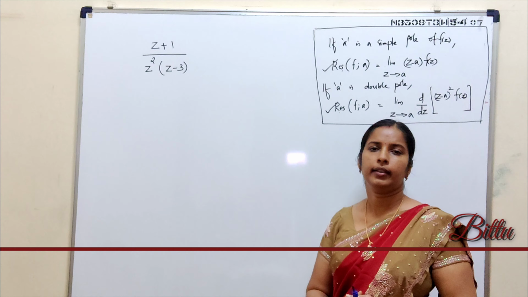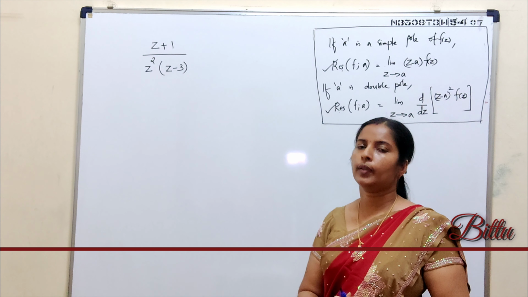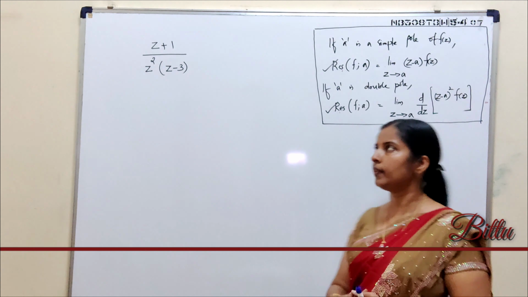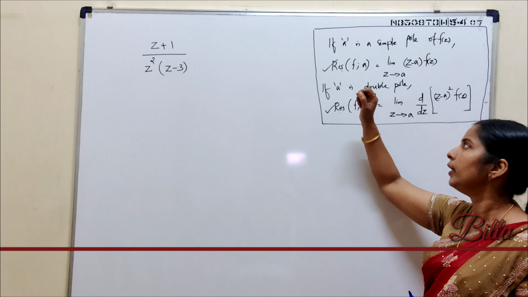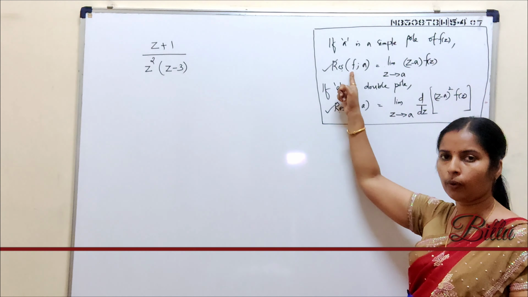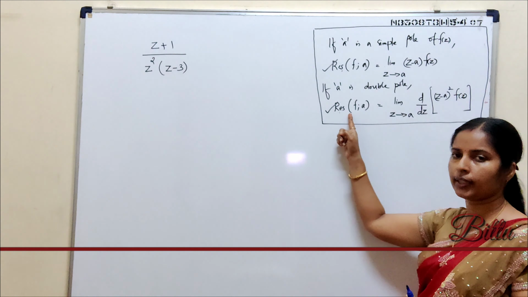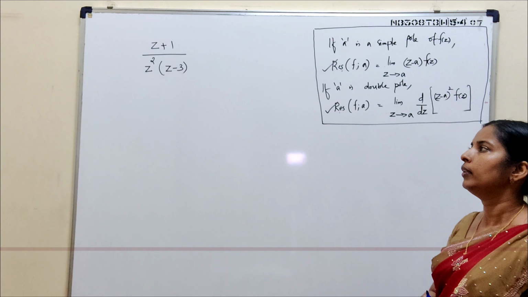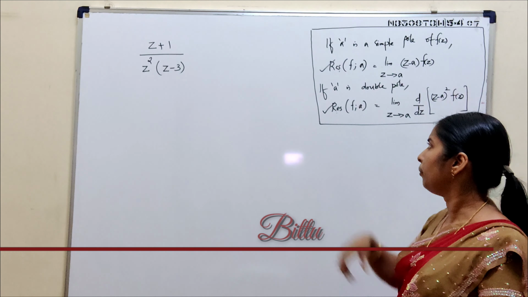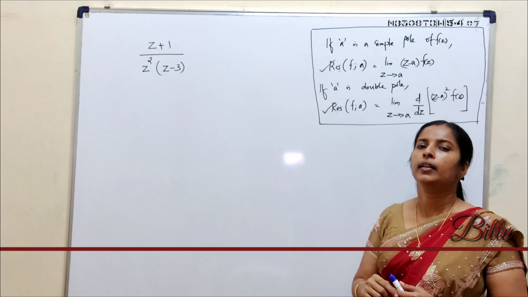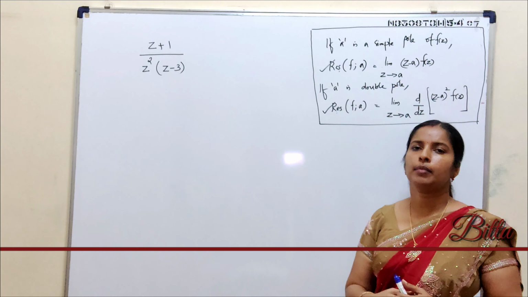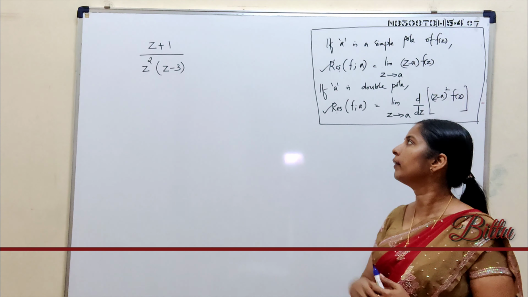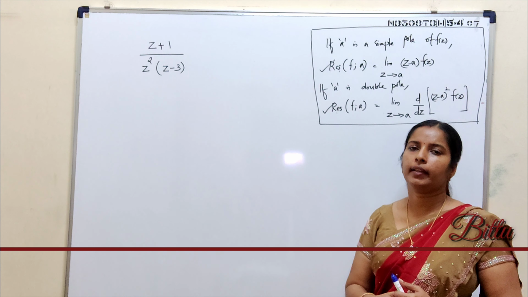Here clearly 0 is a double pole and 3 is a single pole. These are the equations for finding the residue of the function at a single pole and the residue of the function at a double pole. Among these two equations, the equation for finding the residue at the single pole is easier than for finding at the double pole.